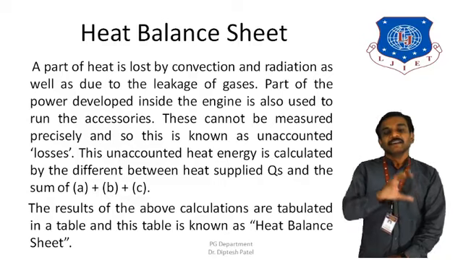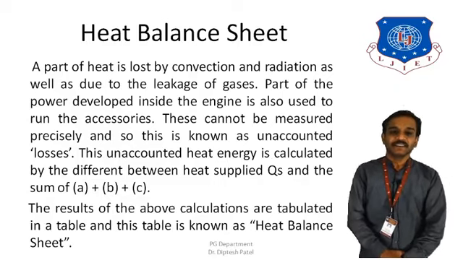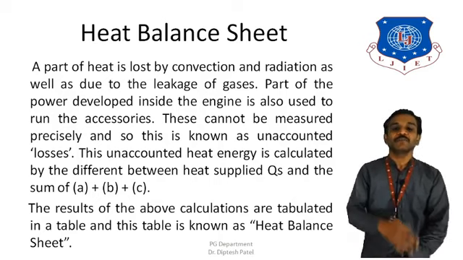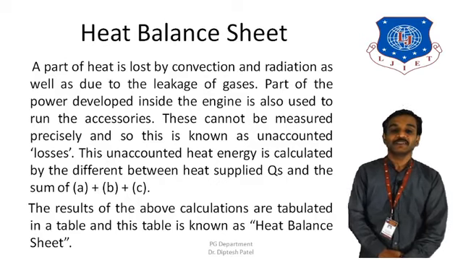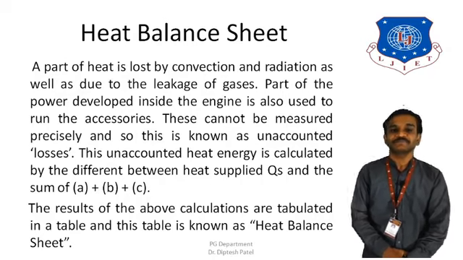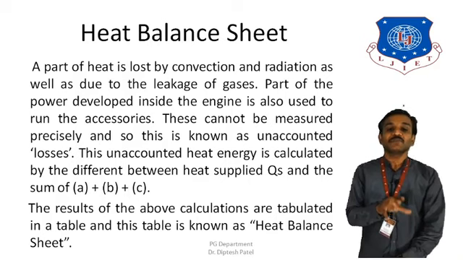Now we know that there is one more part in the heat balance sheet which is known as the unaccounted losses, and as I said earlier, the unaccounted losses are the amount of heat that is lost because of the leakage of the gases, or heat lost due to convection or radiation. Furthermore, a certain amount of power is also required to run the accessories of the engine.